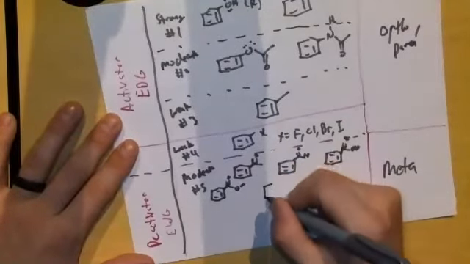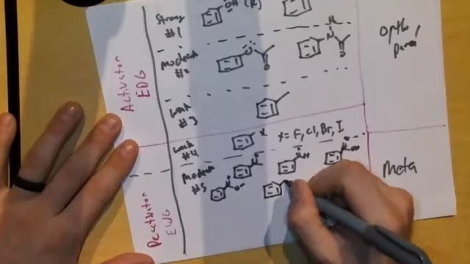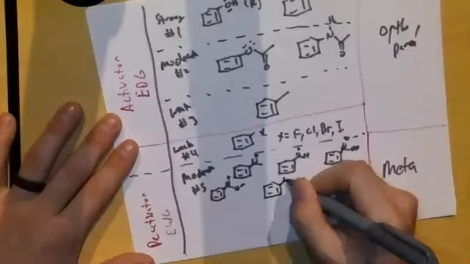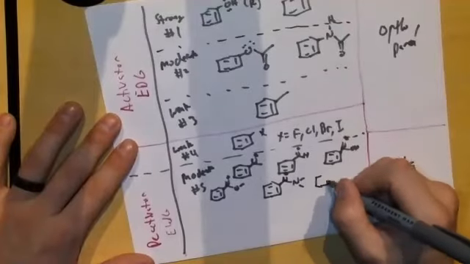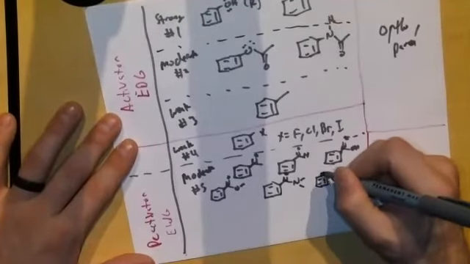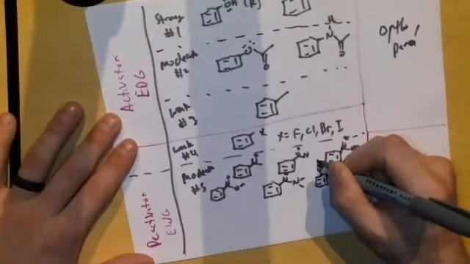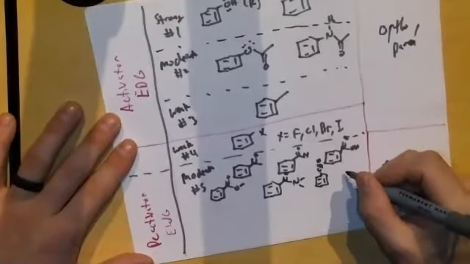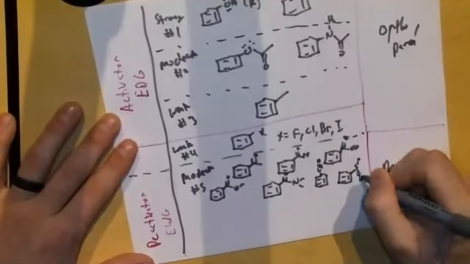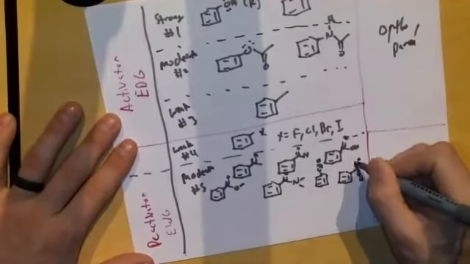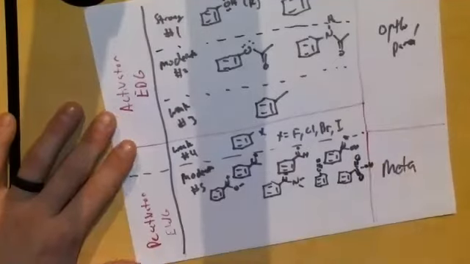Amide, nitrile, so C triple bond N, and sulfate, which has essentially two carbonyls, one to either side of this sulfur group here.